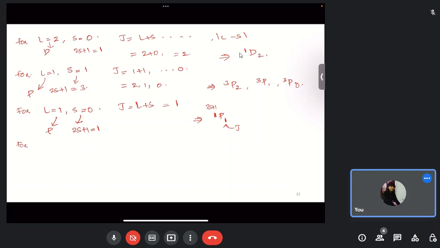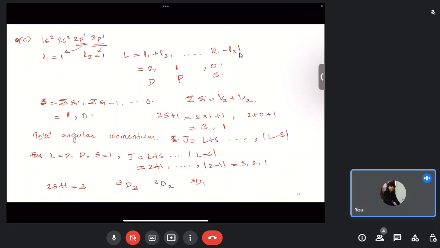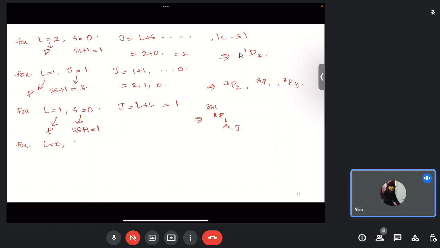And we have one last value of L, which is L is equal to 0. If S is equal to 1, we can have only one particular J value, which is 1, and L is equal to 0 corresponds to a term S, and S is equal to 1 will give rise to a spin multiplicity of 3. So this is going to be 3S1.